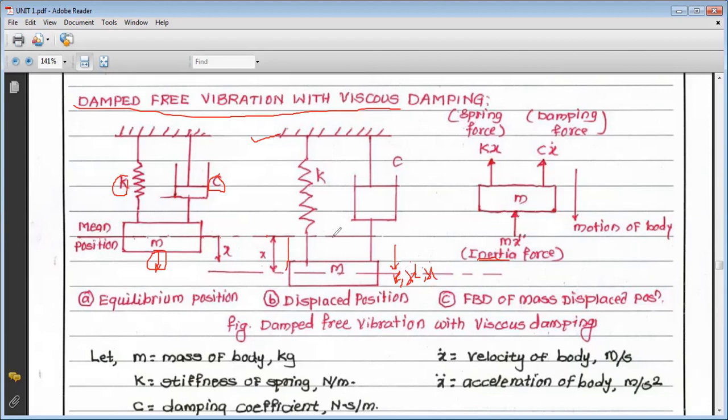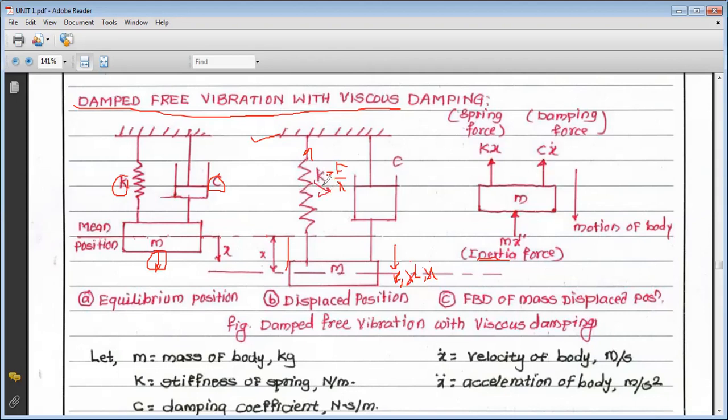Similarly, the spring force. We know that stiffness is nothing but the force per unit displacement, that is force F and displacement x. What is spring force? Spring force is nothing but k into x.